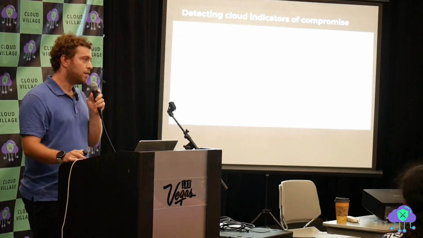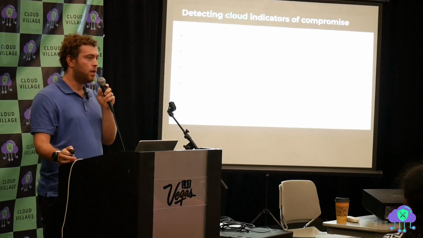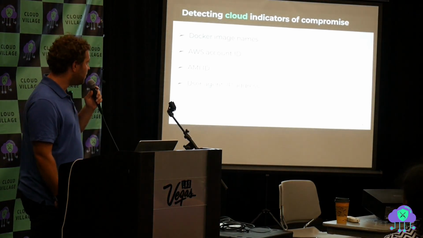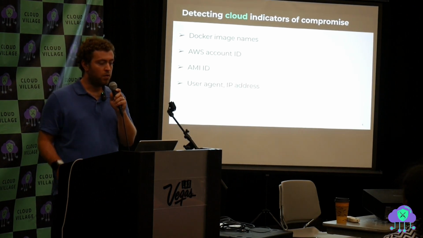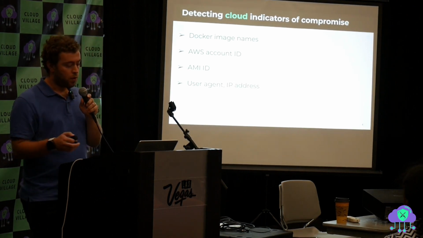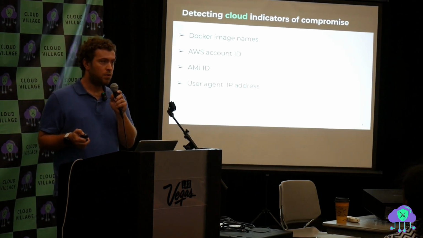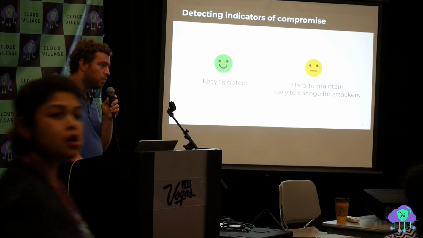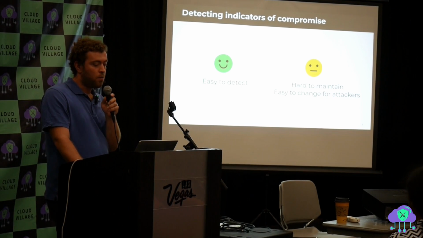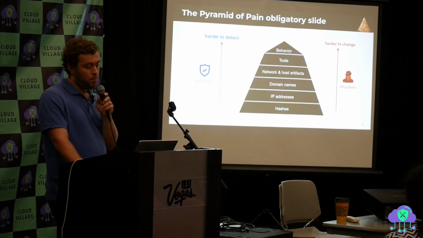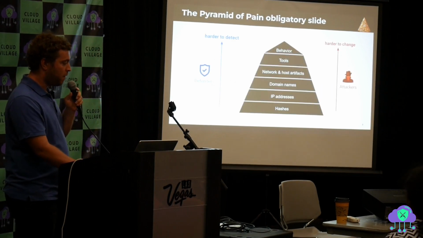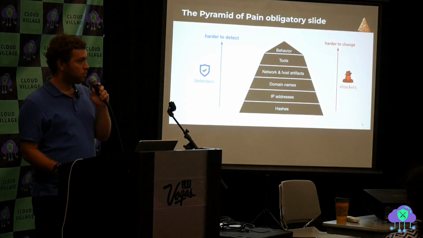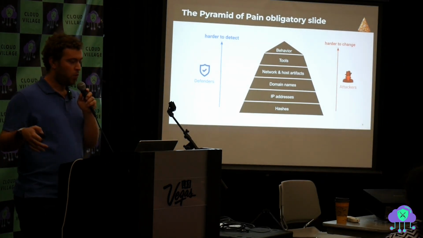If you think about attackers trying to spin up malicious Docker images, or attacking from a specific AWS account, running specific malicious AMIs, these are also relevant to the cloud, but mostly I think the industry has been moving to things that are a bit harder to detect, but also more valuable, and that attackers have more trouble changing. You've probably seen this pyramid of pain: as you go up, it gets much harder to detect, but also much harder to change for an attacker. So that's where we're going.